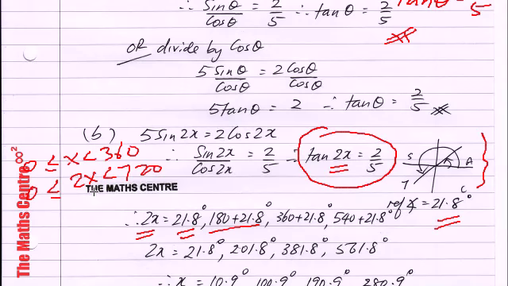Which means when you see 2x, we go 2 rounds. So the second round it'll be 360 plus 21.8. That's what you see here. And for the last angle we go 540 plus 21.8. Yeah, that's what you see here.